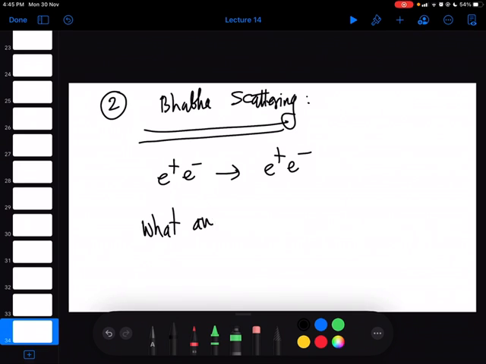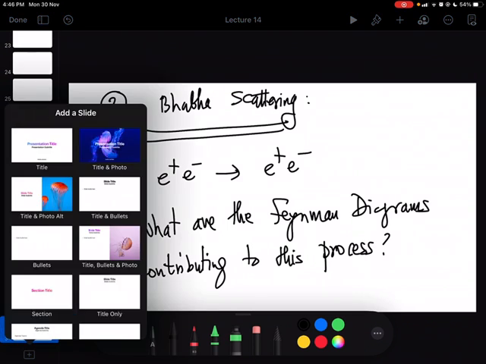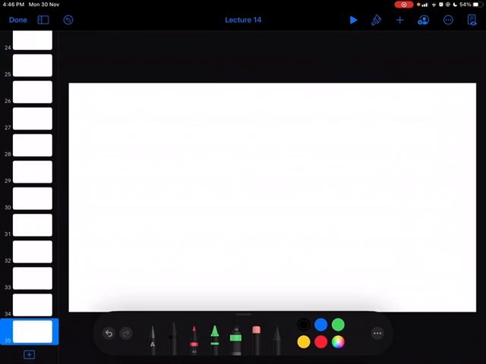But anyway, since it's not a live class, what are the Feynman diagrams contributing to this process? Let's try to draw this diagram.